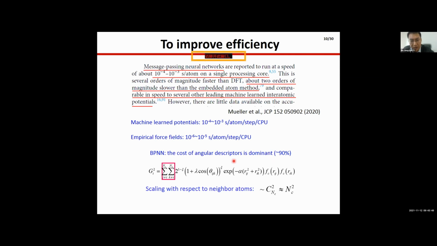And we observe that the cost mainly comes from the computation of the descriptors rather than the neural networks. For example, the angular descriptors in the BPNN framework actually contribute most of the computation time, because it scales with the square of the number of neighbor atoms.